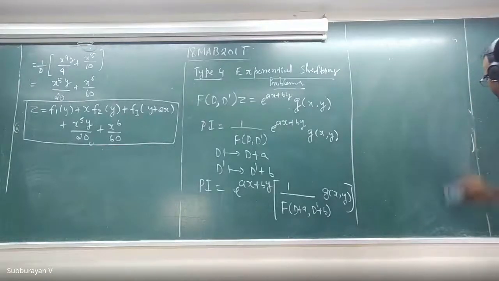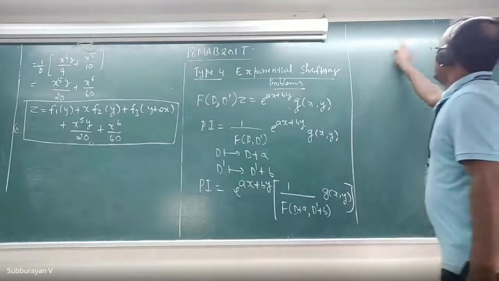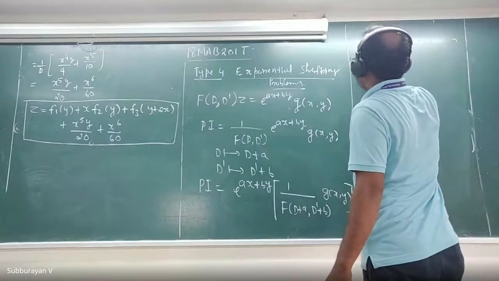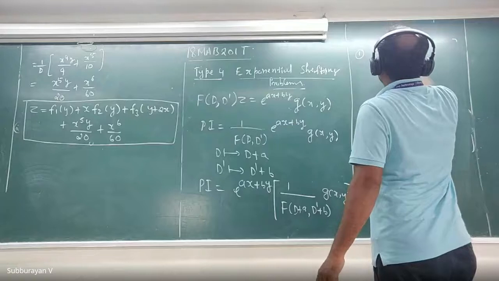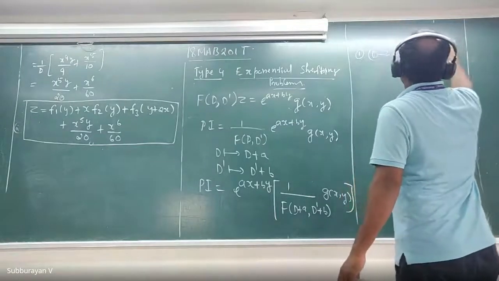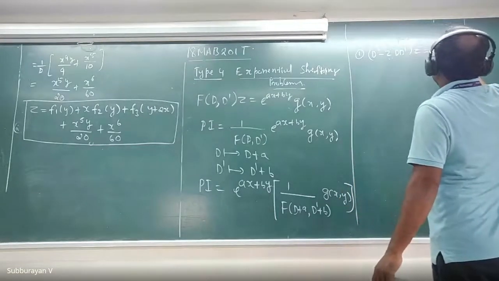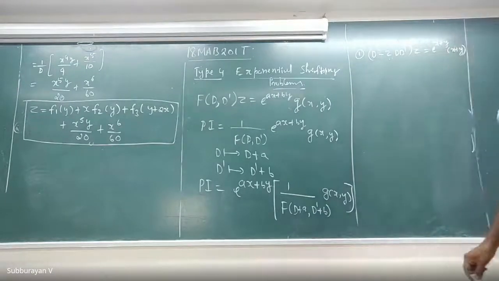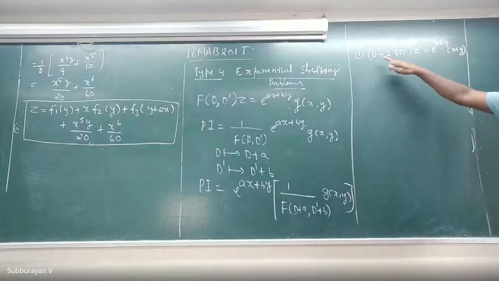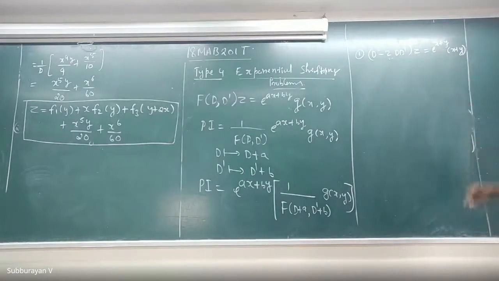First problem. Solve D square minus 2D dash into z, which is equal to e power x plus y into x plus y. It is e power ax plus by into some g of x comma y form.